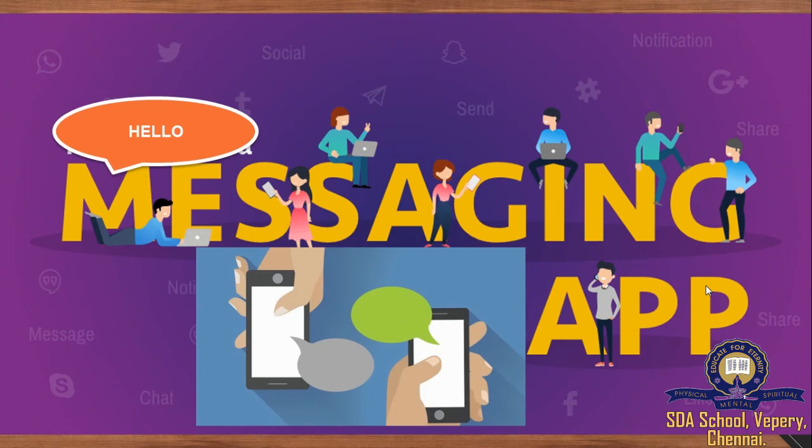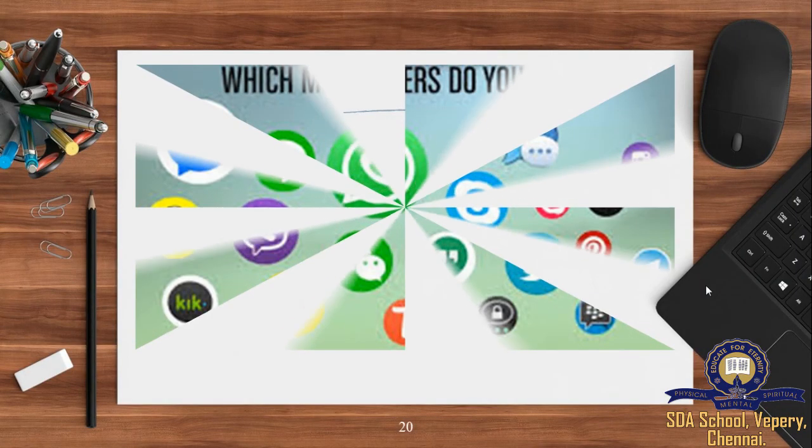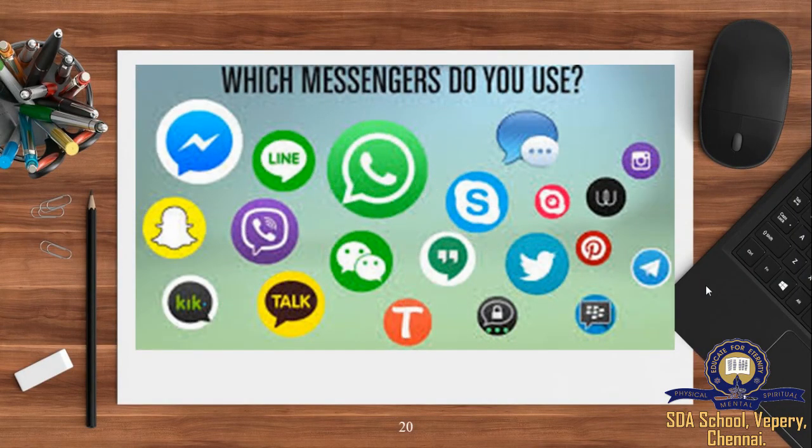From one location to another location, we are sending the information through messengers. Multiple message applications are available, and you can choose any one or two of them and send the message.